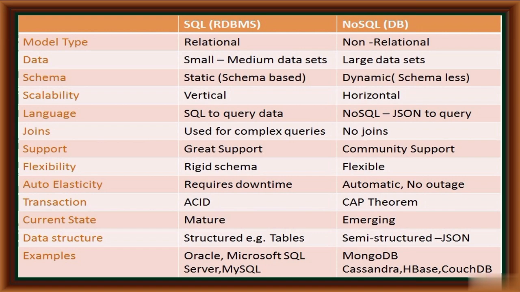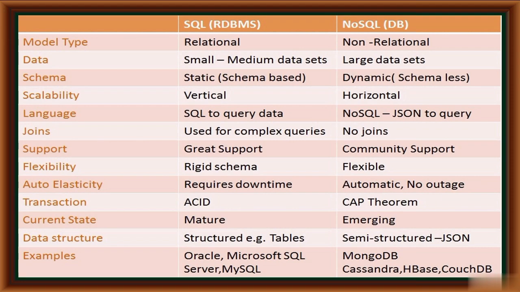The traditional database uses the International Structured Query Language, known as SQL, also pronounced as sequel. It uses that to query data, while NoSQL databases can use JSON to query data.